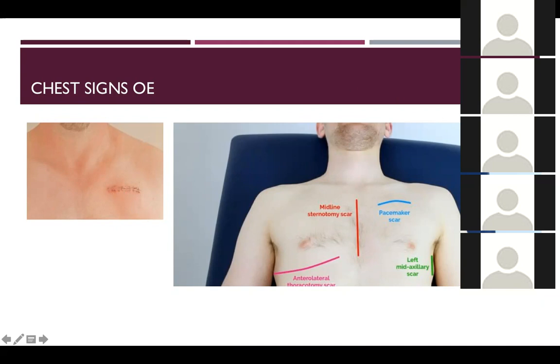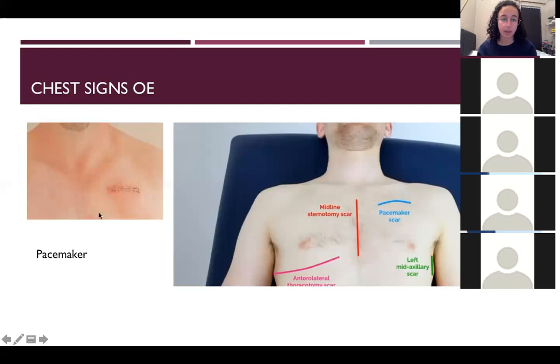What do you reckon that bump is? Okay, it's a pacemaker scar. This is usually where people would have pacemakers, just by their left clavicle, usually on the left-hand side. So that's something to look out for.